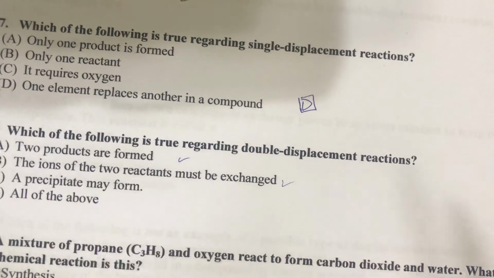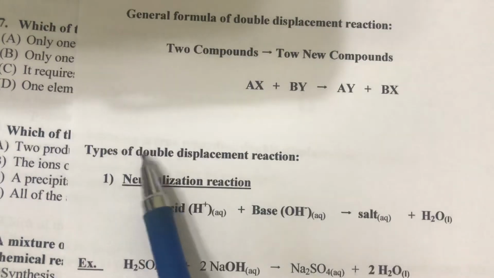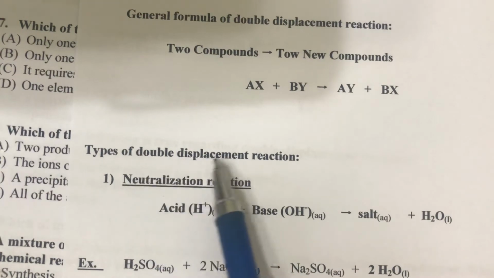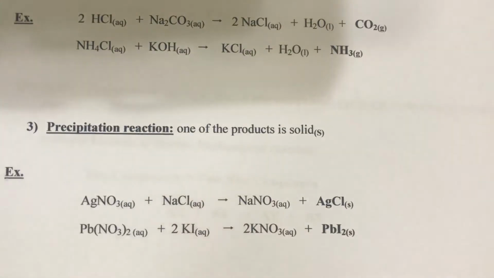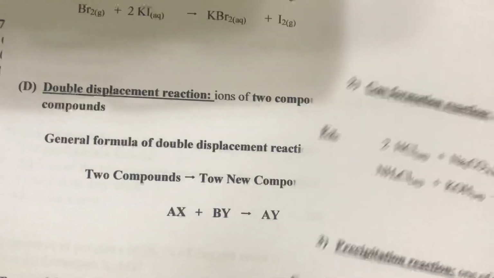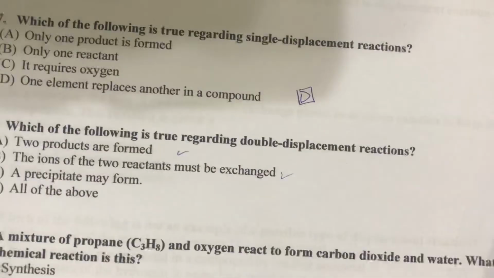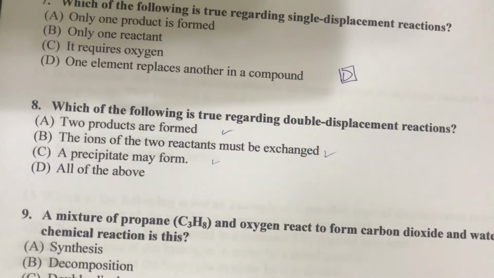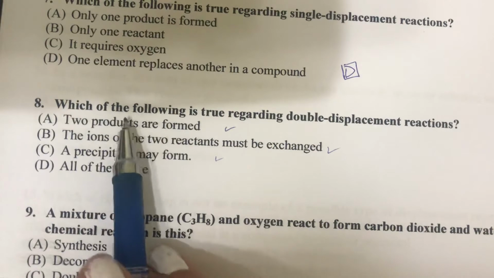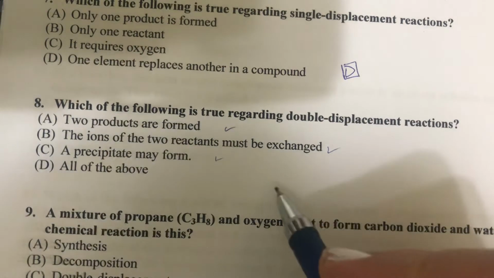A precipitate may form. The types of double displacement reactions are neutralization, gas formation and precipitation reaction. So a precipitate may be formed in a double displacement reaction. So C is correct. So the correct answer is A, B, C, all of the above. D.